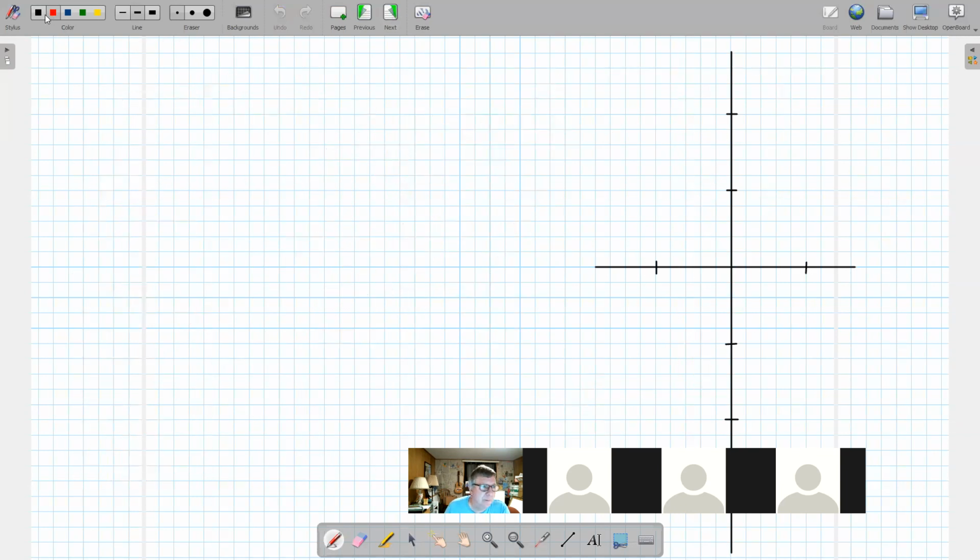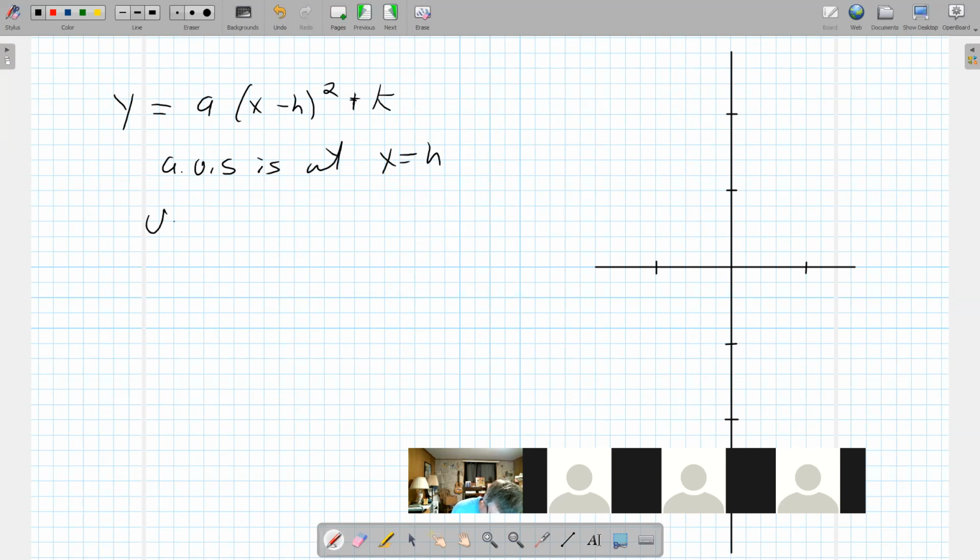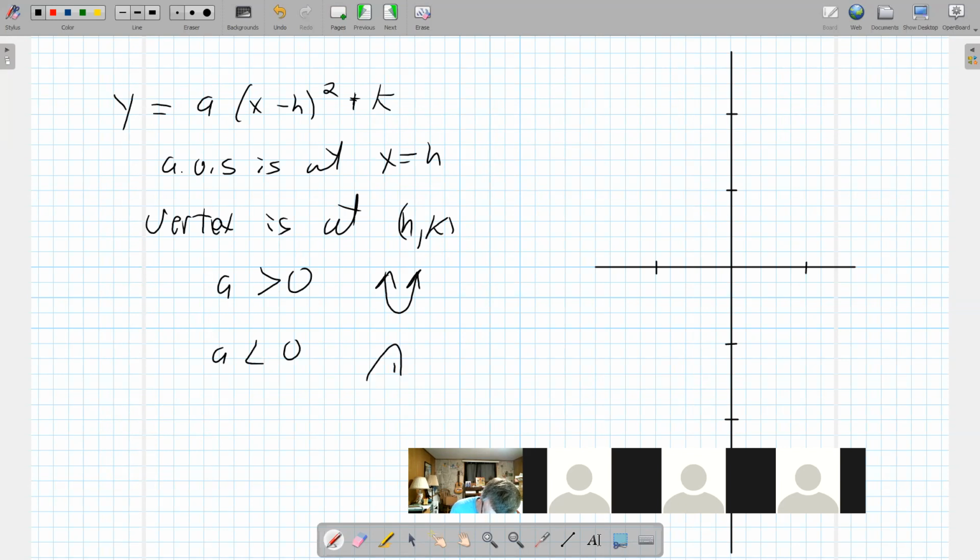So you have y equals a times x minus h squared plus k. The axis of symmetry is at x equals h, and the vertex is at h, k. If a is greater than 0, it opens upward. If a is less than 0, it opens downwards.